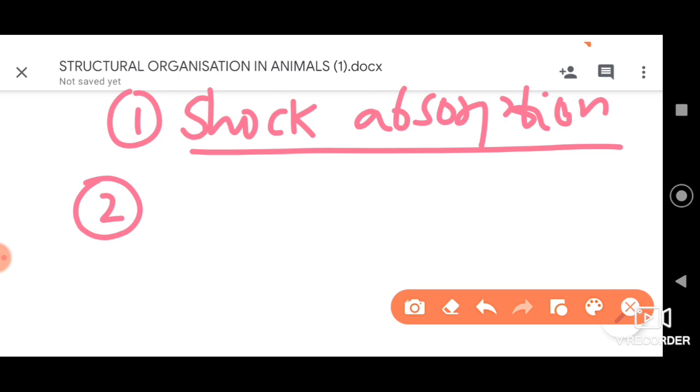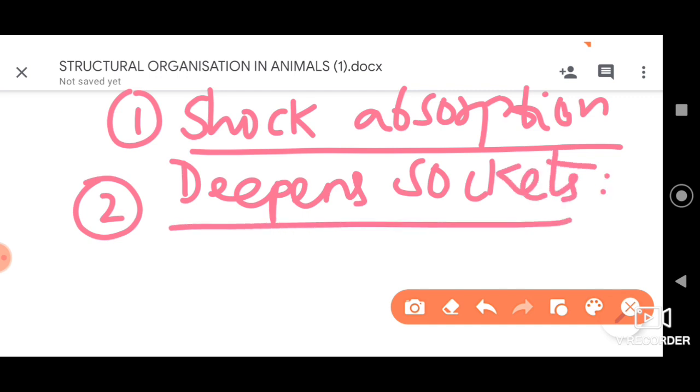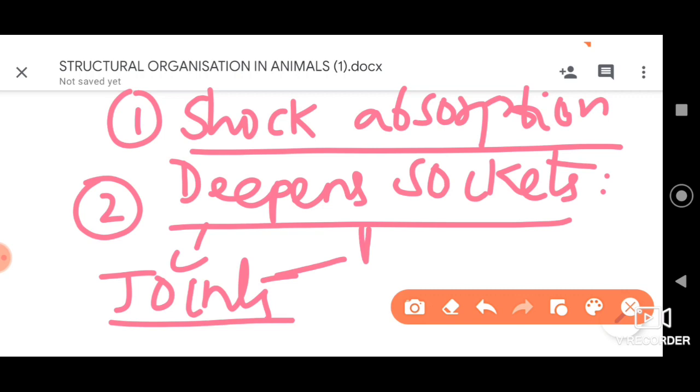Second point, let us discuss the second function, that is it deepens the sockets. What do we mean by this? Sockets here I am referring to the articular cavities. That means in the joints, especially there are joints called ball and socket joints.